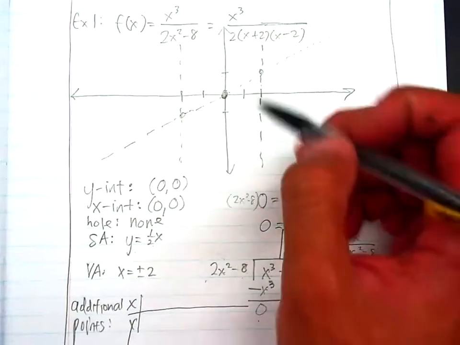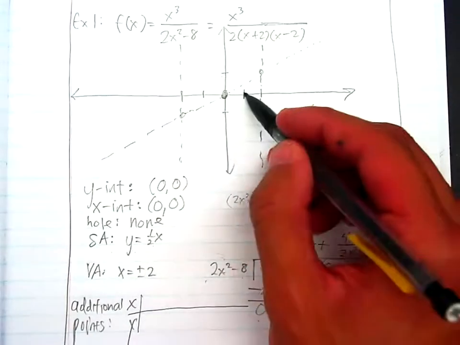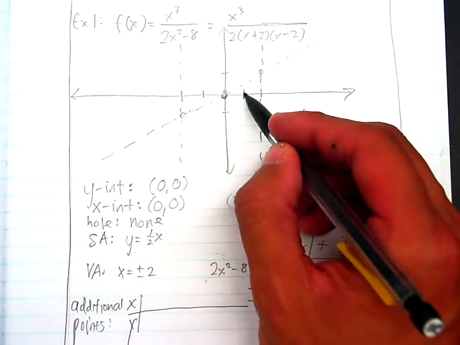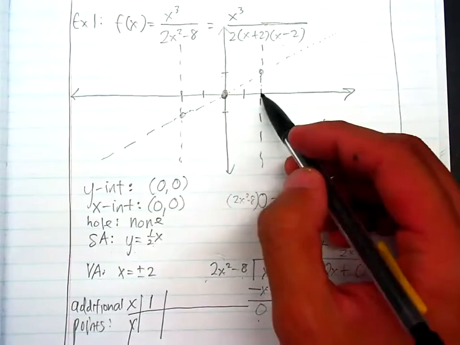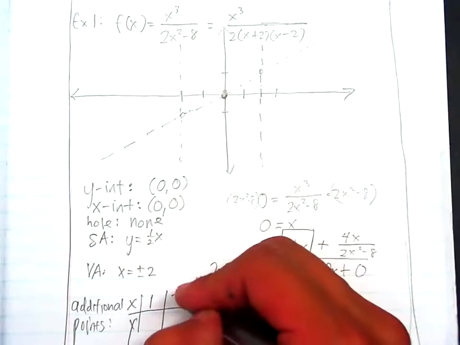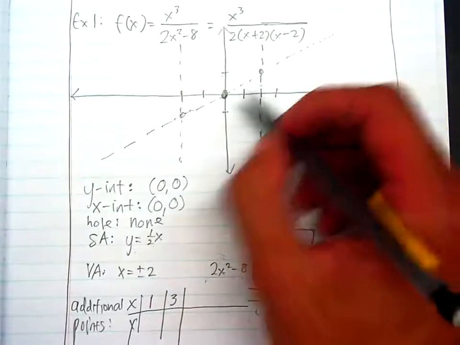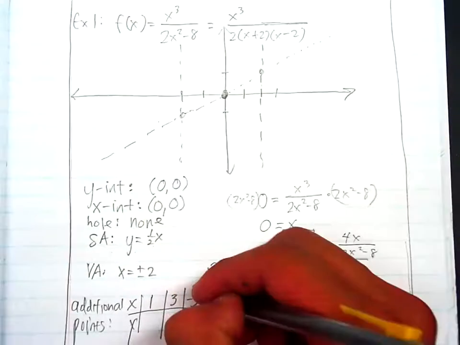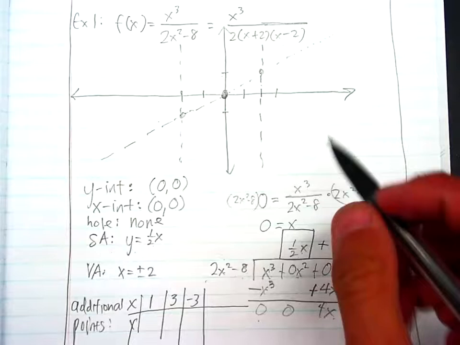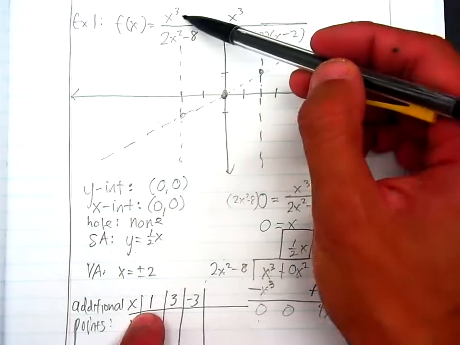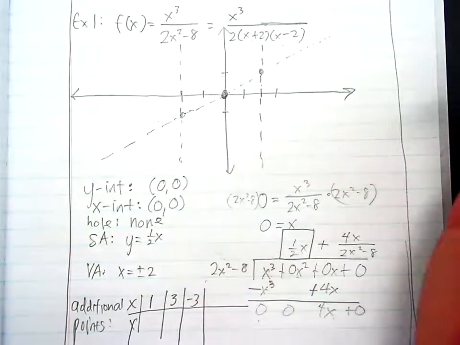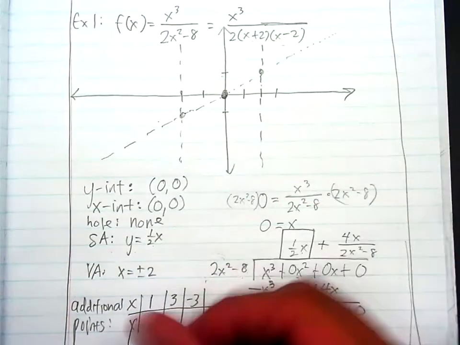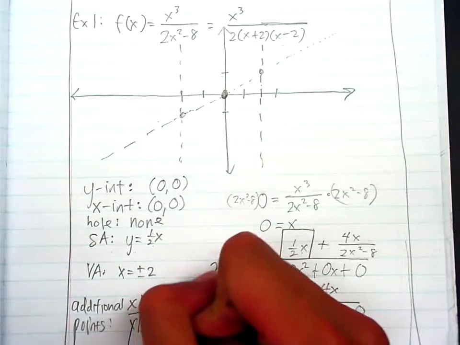So my extra points, I'm probably going to graph 1 just to see where it goes. I want to graph after that point, so I'm going to graph 3. And then I want to graph before that point, I'm going to graph -3, and then we'll go from there. If I plug in 1, I will get 1 over 2 minus 8, so it would be -1/6.